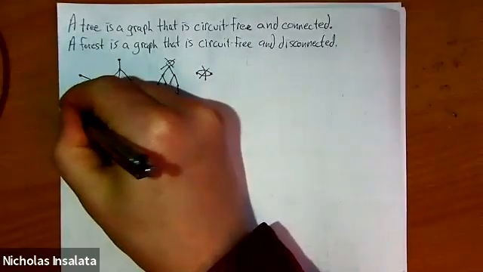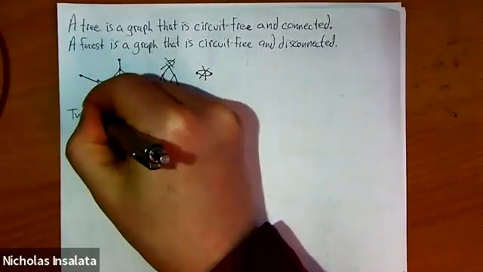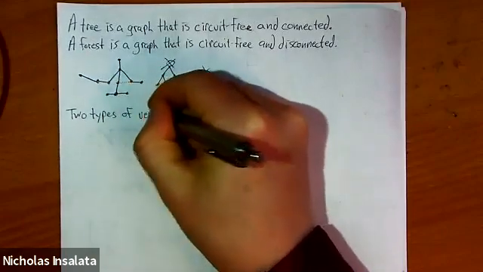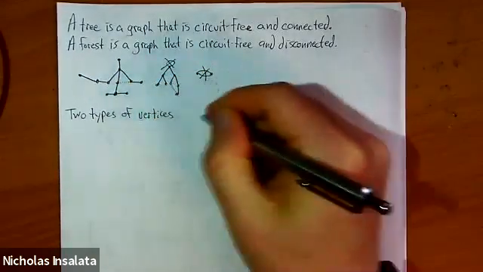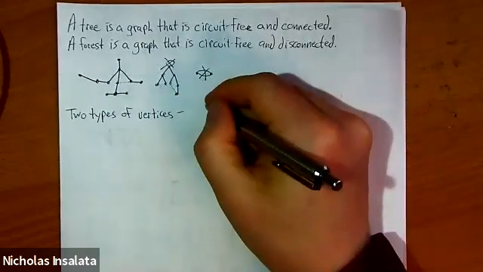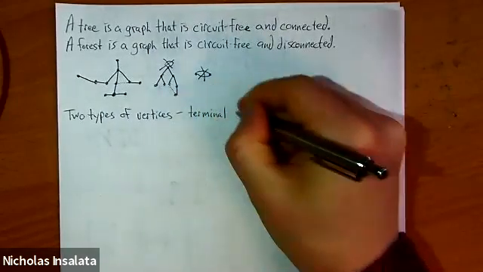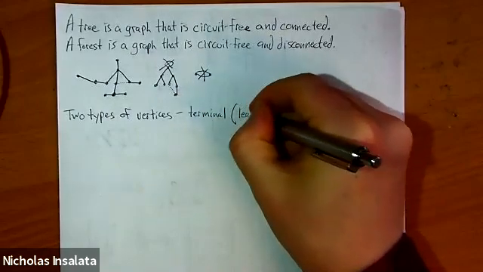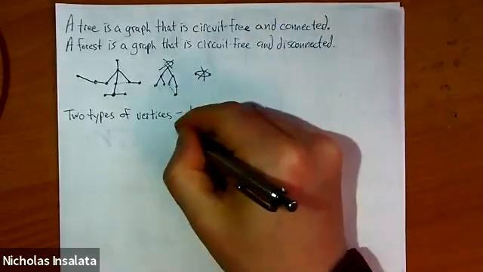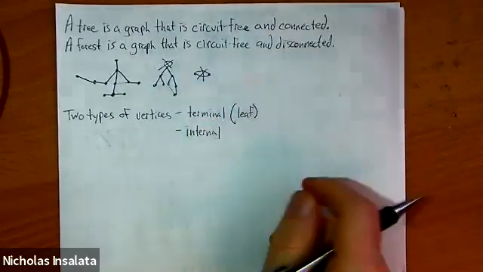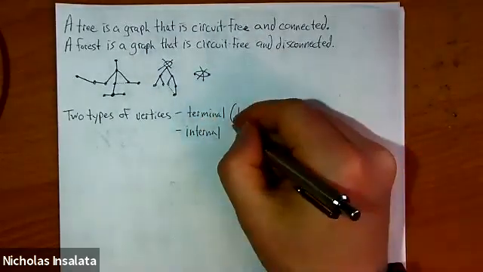So two types of vertices. There's terminal, which is also called a leaf, and internal, which is also called a branch.